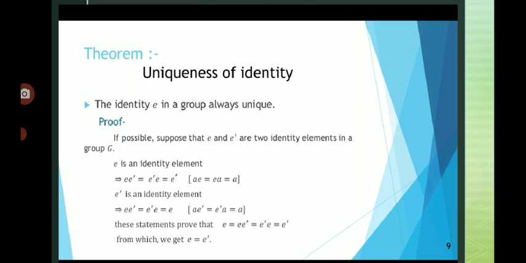So finally, E equals E dash. Here we assumed there are two identities in G, but finally we proved that the two identities are the same, that is E equals E dash. So the identity element is always unique.